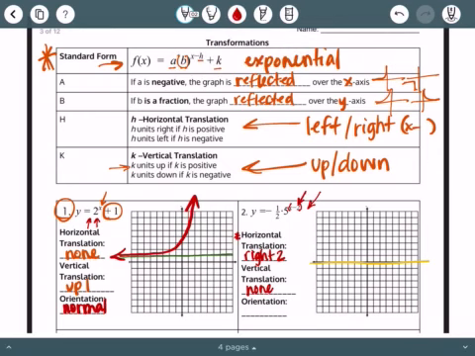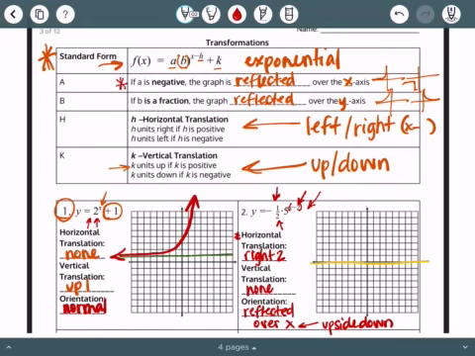And then my orientation. Let's see. So the a here, this is the a part because the 5 is the b. So a is -1/2. So up here it says that if a is negative, the graph is reflected over the x. So I'm going to write reflected over x, which basically means that it's upside down.